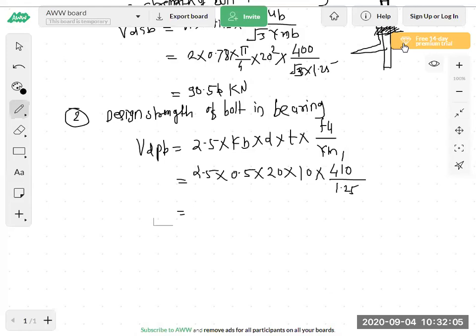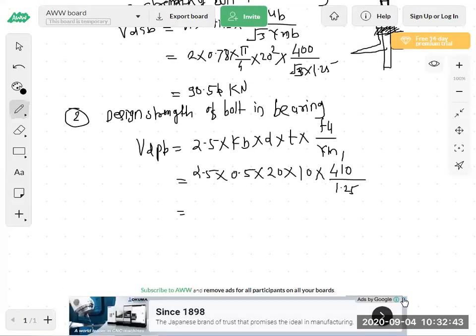Roll number 56 division A, your question is related to what? Which value are you saying? You have put the question into the chat box. Kindly mention the page number of the respective values, whichever you find from either the IS code or steel table. Which value? Do you mean section? 100 by 75 by 6 section or what? Formulas are given in the IS code and whatever sections are there, those sections are given in the steel table.